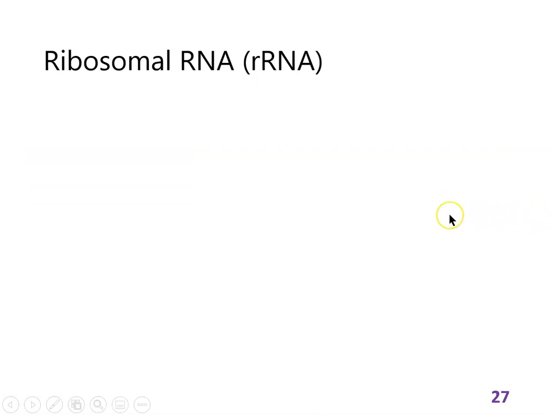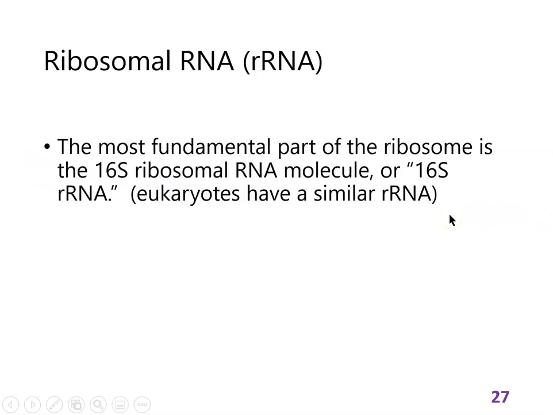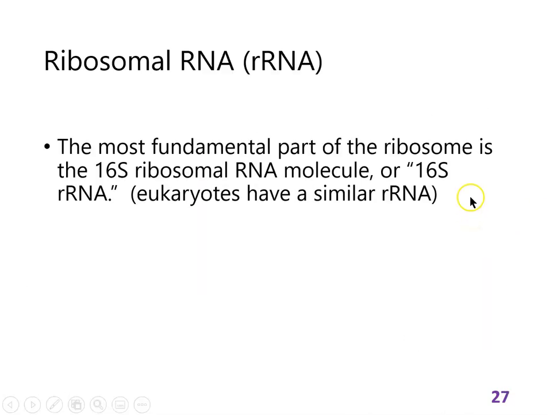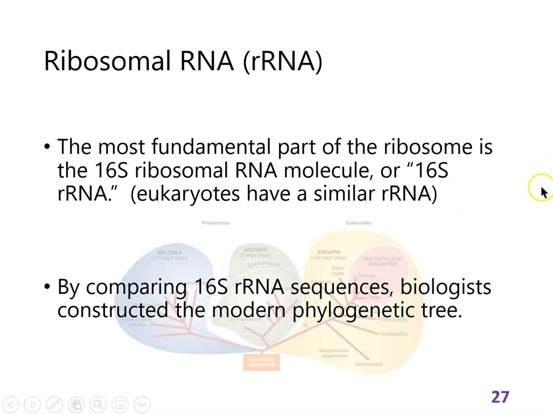So that ribosomal RNA ends up being really important, and it is the most fundamental part of the ribosome. Some people think it's the first part that ever existed, but it's definitely what we have used to construct the universal phylogeny.